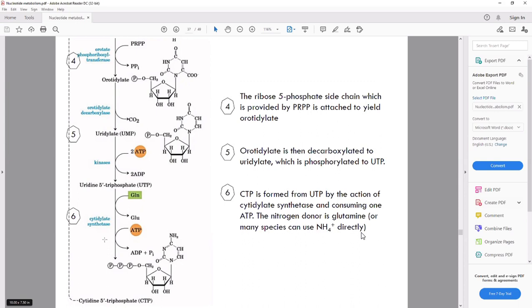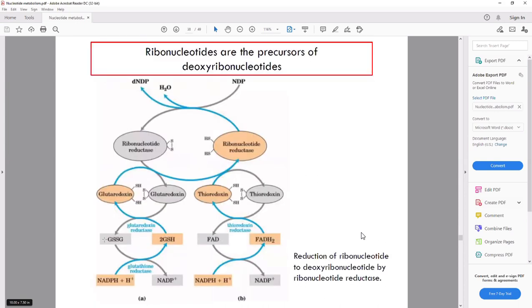It involves three steps to form the six-membered ring, which is dihydroorotate. Then once it forms orotate, it is going to attach to ribose 5-phosphate. Then we will get UMP, UTP, and also CTP. So that's it for pyrimidine biosynthesis.